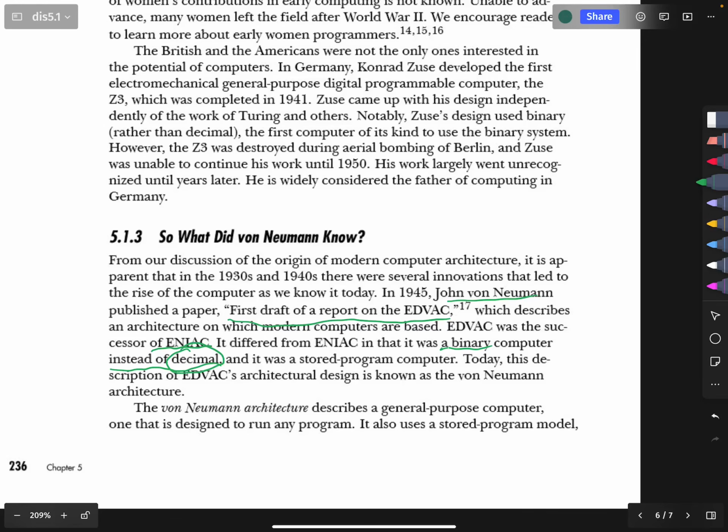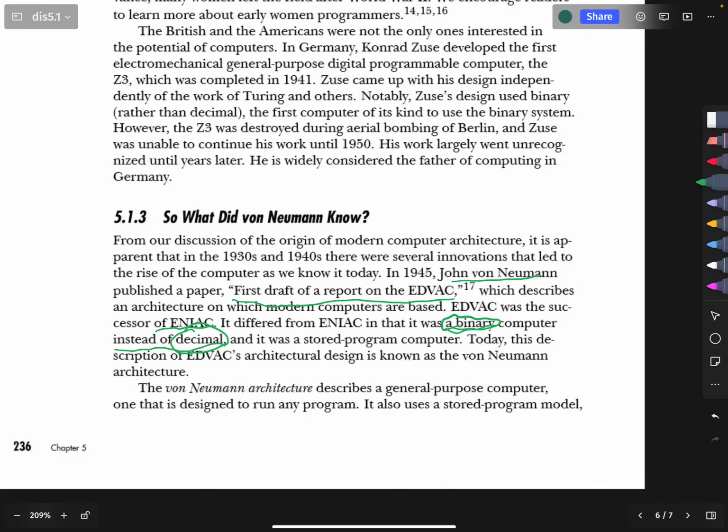I cannot imagine how we could have made decimal computers. That sounds, from a design standpoint, unmanageable. So great that we eventually got binary, but kind of wild that it took any amount of time to figure out. But okay. This was a general purpose computer designed to run any program.